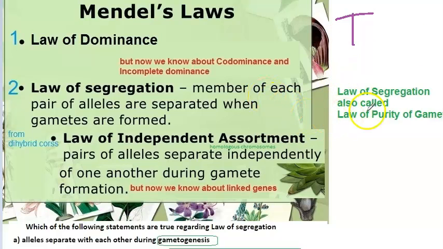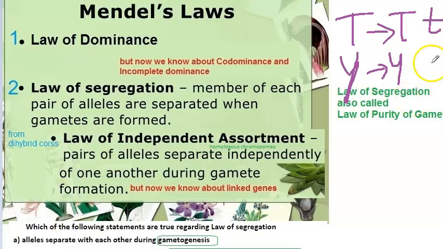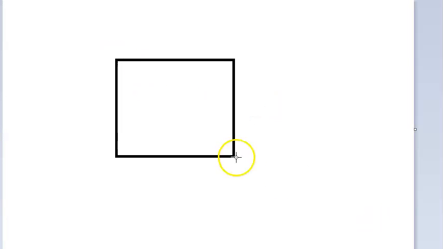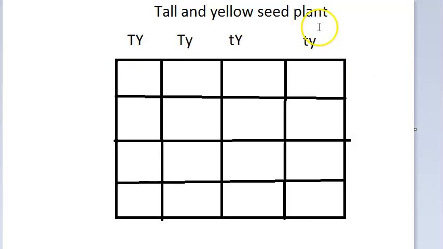So what is the possibility of the offspring? He can give this gamete or this gamete, and this person can give a gamete which is capital Y or small y, because capital Y, yellow seed color, is dominant. Let us do a dihybrid cross of these. A tall and yellow seed plant can produce gametes with all these combinations.